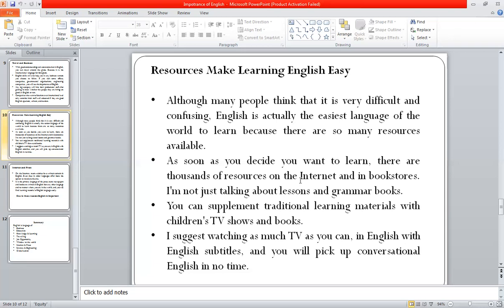If we are living in Maharashtra, you will find Marathi language resources very easily. But if you want resources of other Indian languages like Bihari, Gujarati, Tamil, Telugu, or Malayalam, you won't find that many resources.